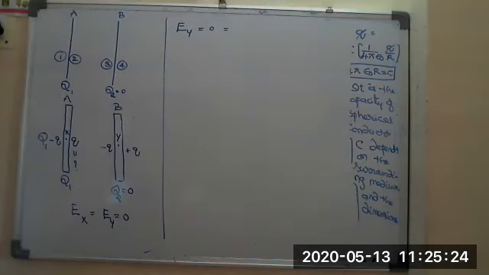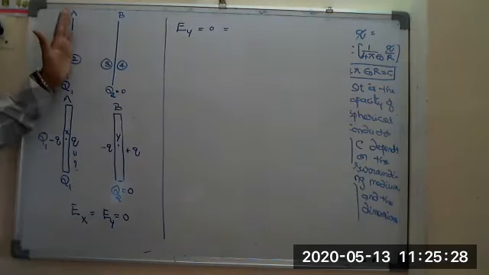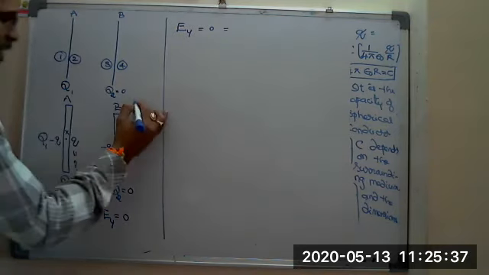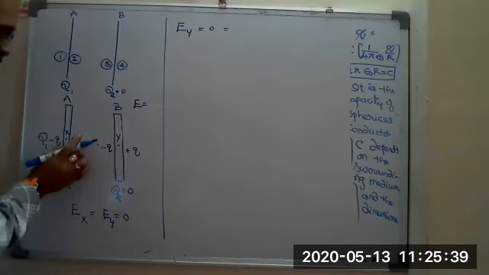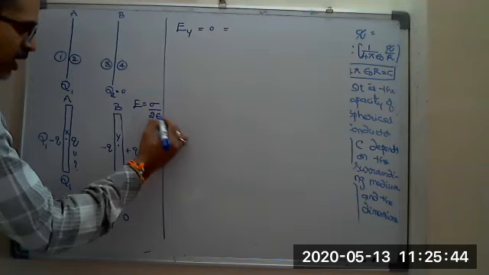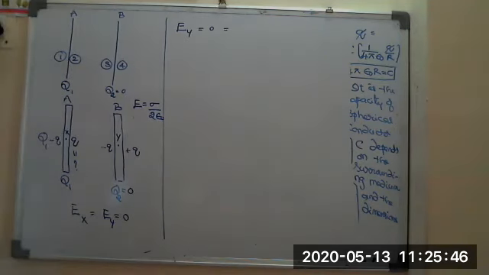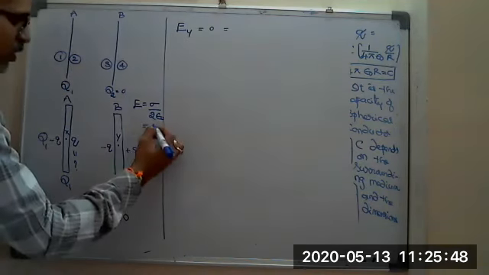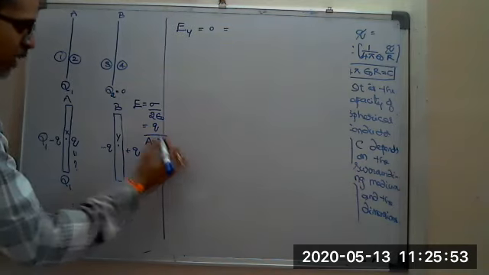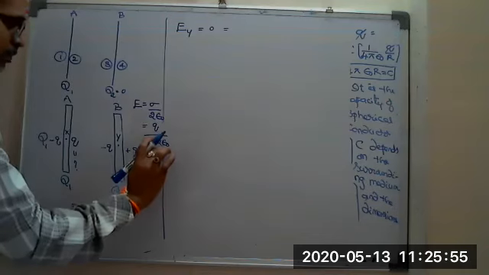Since I am taking them as plates, the field intensity due to a charged plate, I know the formula, E due to a charged plate by the charge on the side is sigma by 2 epsilon naught. That is my formula, where sigma equals Q by A. So Q by A into 2 epsilon naught I am going to use.